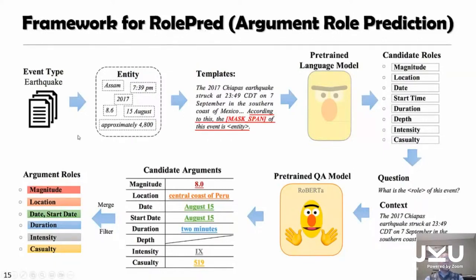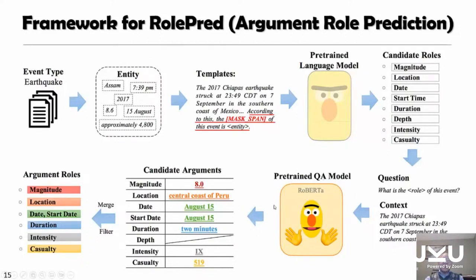Okay, RolePredict. The general philosophy is we start from the event type, like an earthquake. We extract a bunch of entities, and using these entities, we work out templates and put them into the pre-trained language model. We'll be able to grab the candidate roles, and with a candidate role, when we try to find the concrete structures and concrete values, we can use a question answering model.